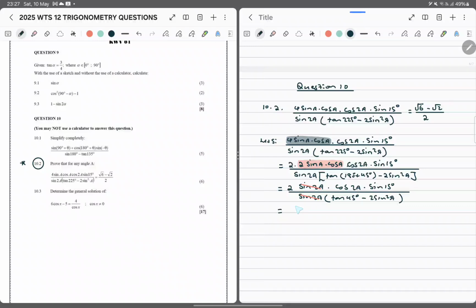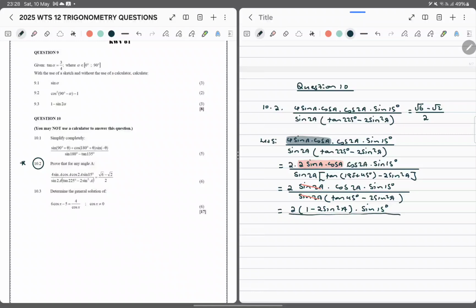So we see that we have now 2 times, okay, since we got what we got here, we can actually start using this one, minus 2 sine squared a times sine 15 degrees.